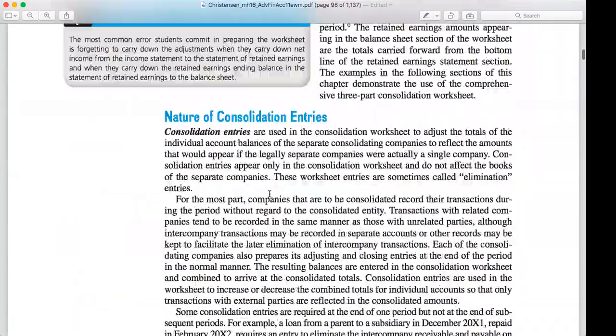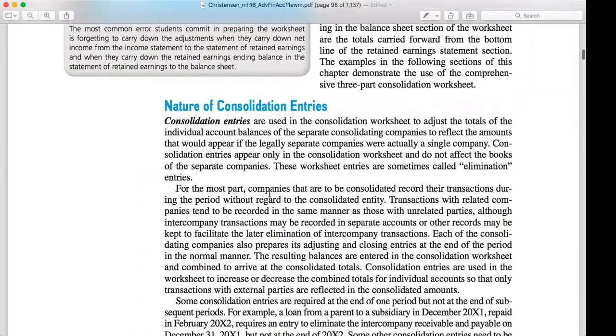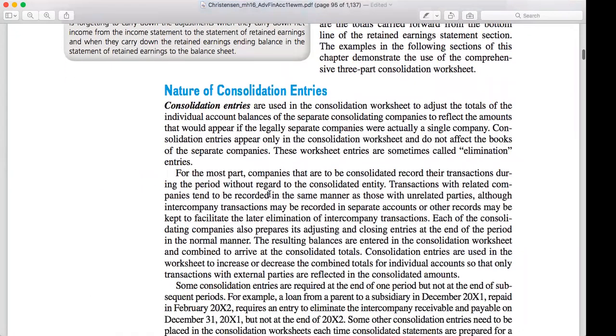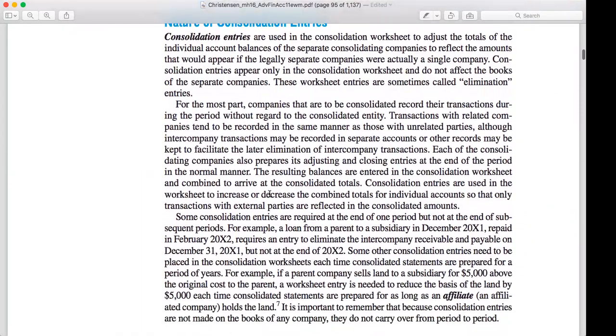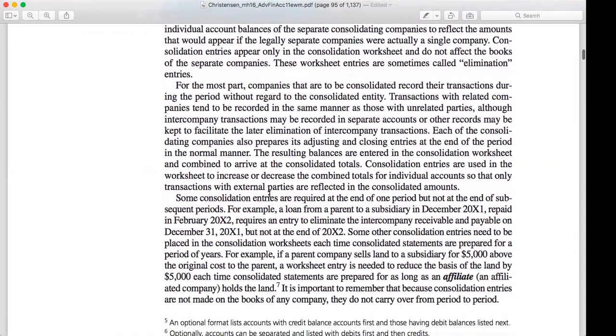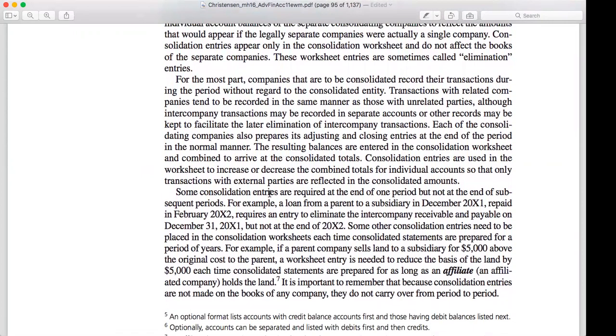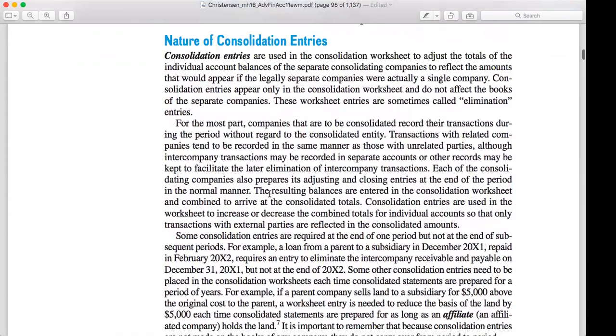I'm just going to make it really quick in here, because consolidation entry is actually about the consolidation worksheet that needs to adjust the total of individual account balances, right? So the consolidation entries appear only in the consolidation worksheet and do not affect the books of the separate companies. And the worksheet is called elimination entry.